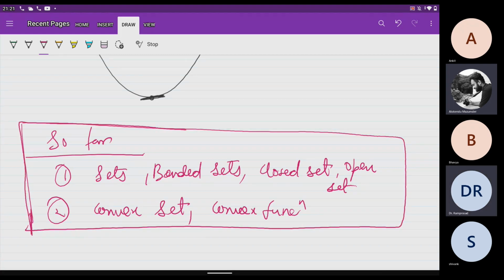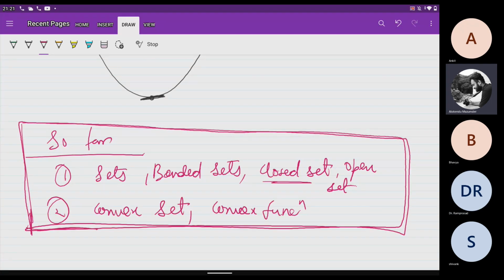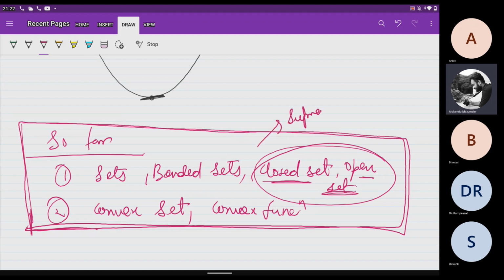We also discussed limit points and interior points. These come within closed sets and open sets, because that's the definition we required to define a closed set and open set, and how to compute minima when your set is open. And we also discussed something about supremum and infimum.